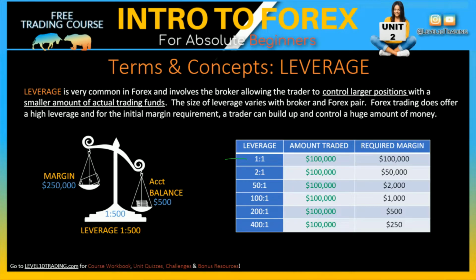So if a broker offers, or you choose, a leverage of 1-to-1, if you are placing a $100,000 trade, you're going to be required to put up that $100,000. On a 2-to-1 leverage on the amount traded of $100,000, the required margin is $50,000.